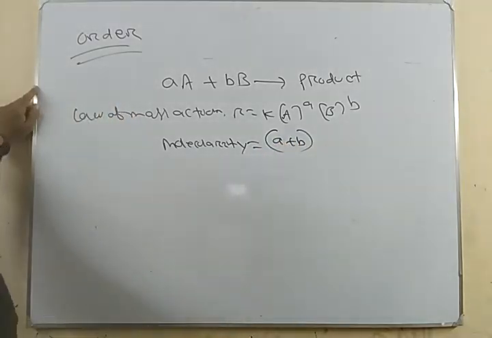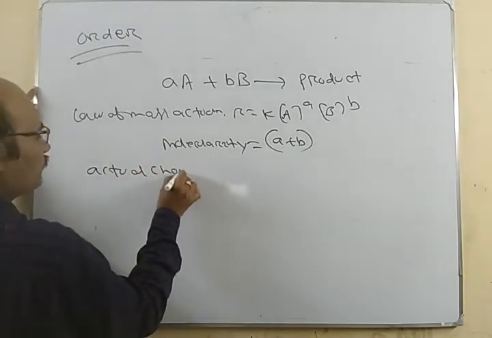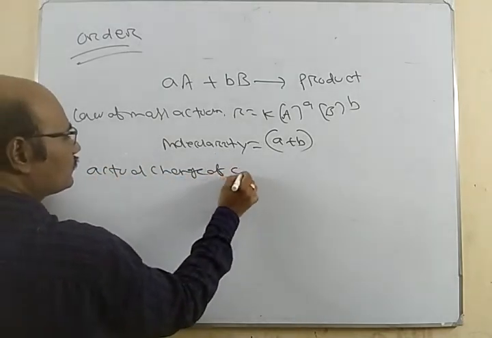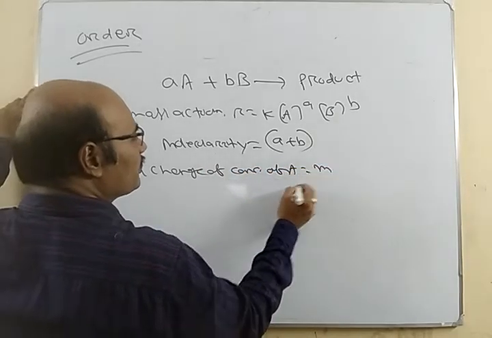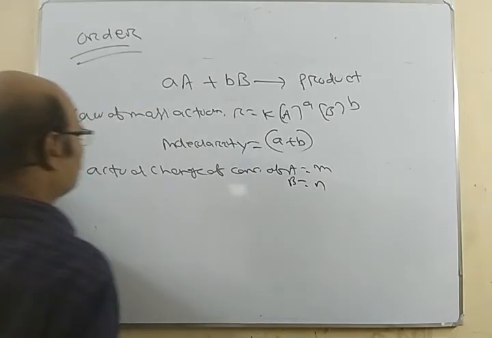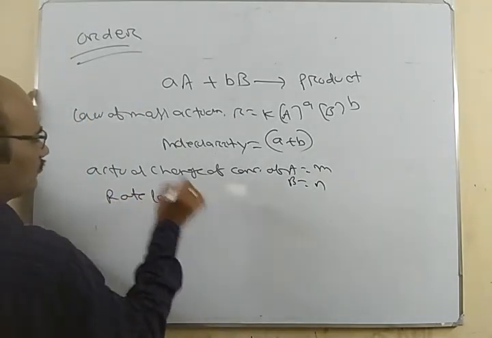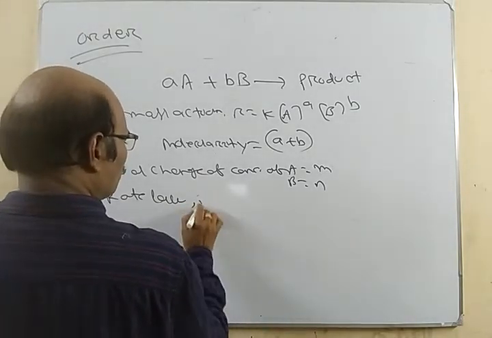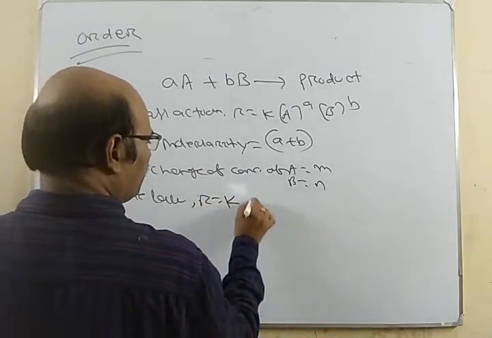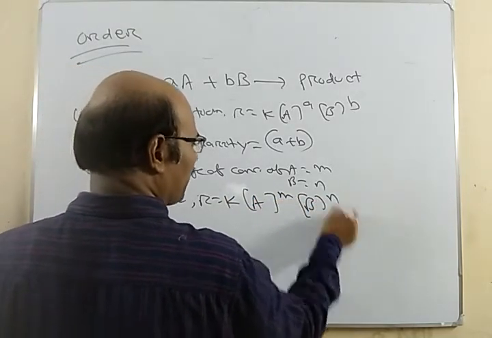Now if the actual change of concentration of A is m and B is n, then the rate law is R is equal to K [A]^m [B]^n.